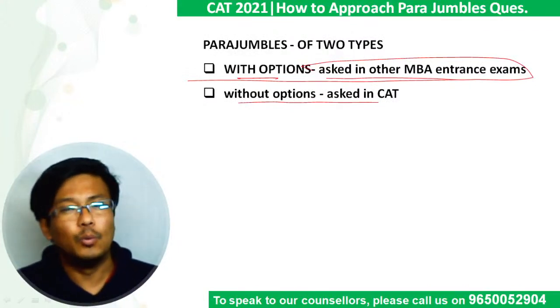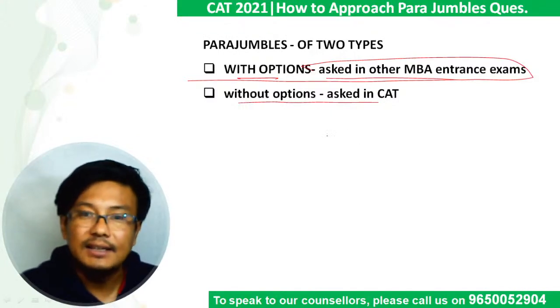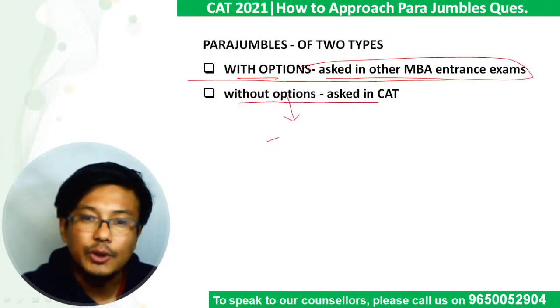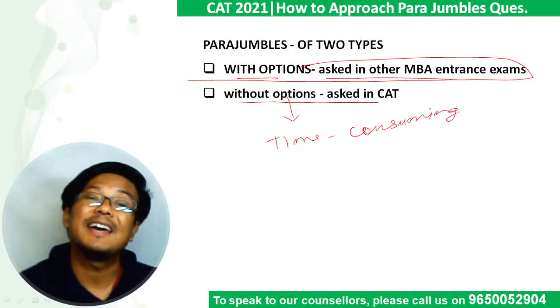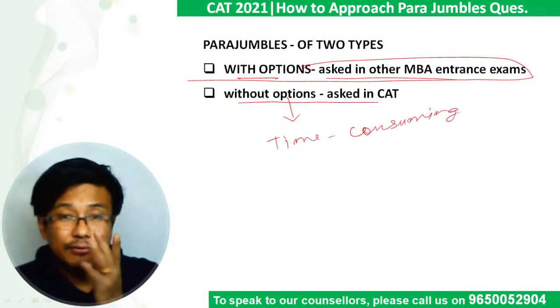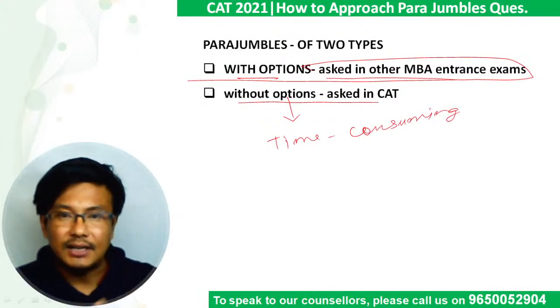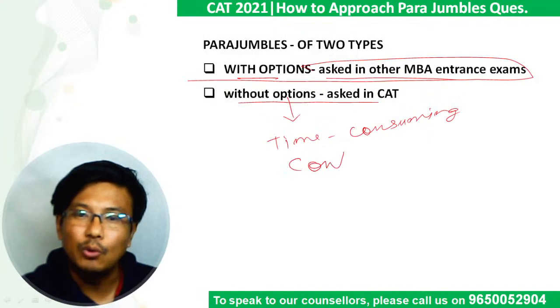So what is the difference? The only difference is that the one without options will be more time consuming. It will take an extra step compared to the one with options. Secondly, if you are not confident or practiced enough, it can lead to more confusion, because there is nothing to eliminate.